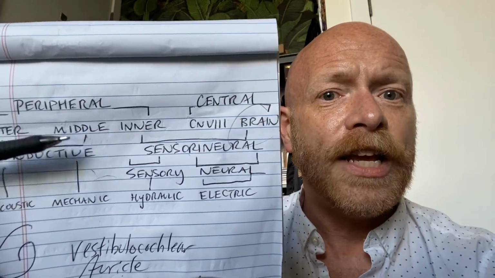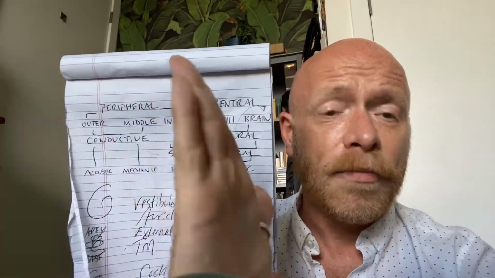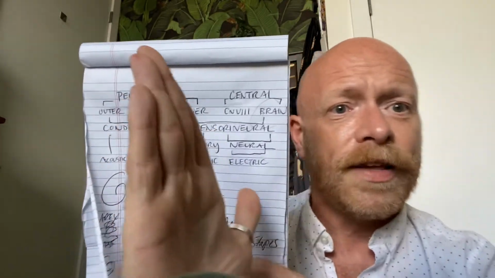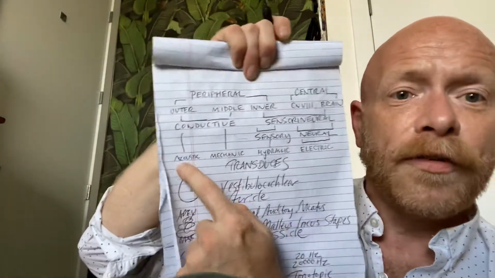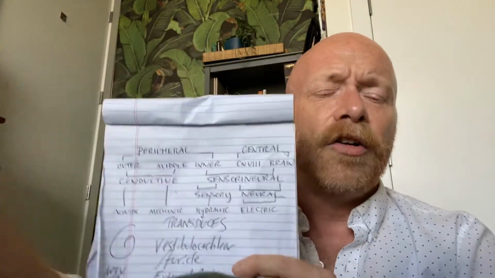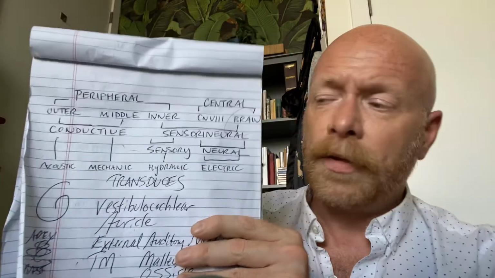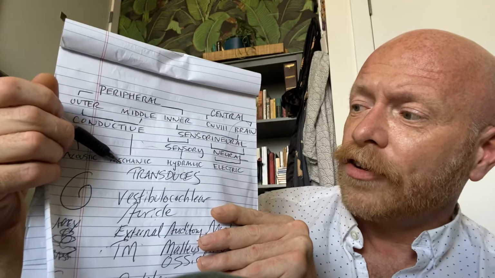As soon as the eardrum gets set into motion from the air molecules that are hitting it at certain frequencies and certain amplitudes, the energy transduces. Transduction just means how energy changes from one form to another, okay? Sound wave energy transduces from acoustic to mechanical at the eardrum, okay? Acoustic energy becomes mechanical energy at the eardrum.